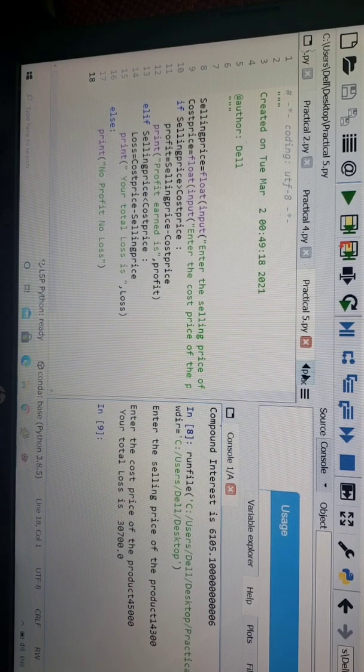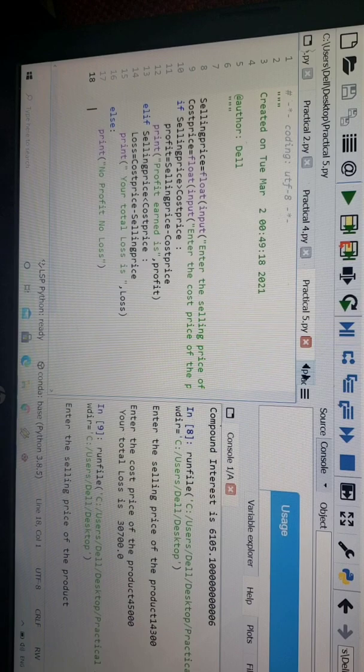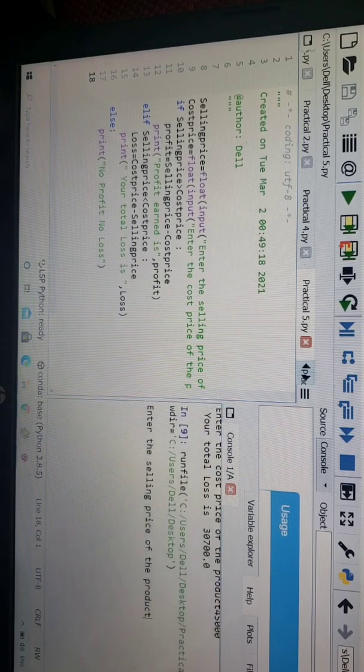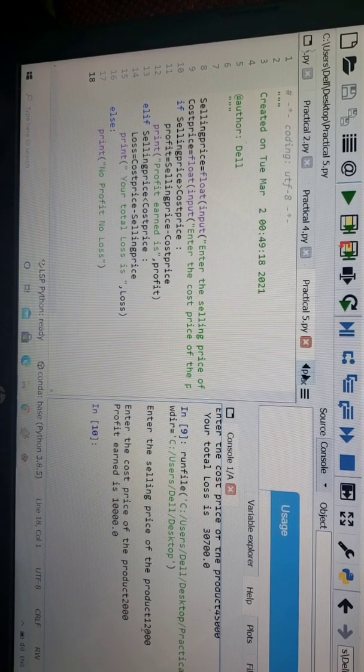So it is a sure loss. If you want to check the profit also, then in that case your selling price should be higher than the cost price, 12,000, and cost is 2,000. So profit earned is 10,000.